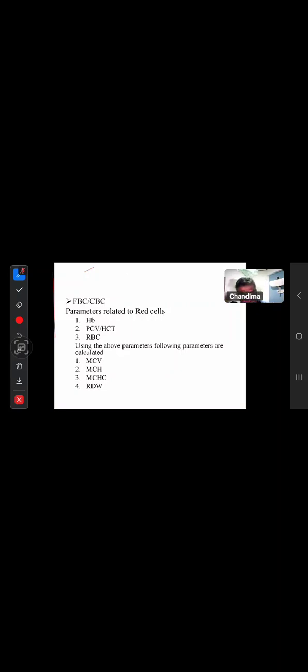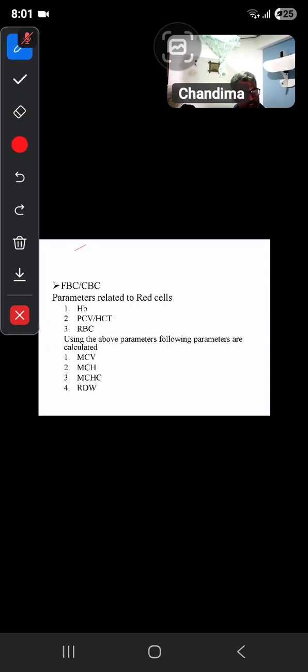The patient's red cells sometimes may get ruptured, or due to the toxic condition or due to the bacterial action, the patient's red cells may get damaged, or hemolysis can occur, or fragmented red cells can occur. So at that point, what is going to happen? The patient's HB is going to be low, PCV may be low, as well as RBC going to be low. It means the patient is going to get an anemic condition, right?